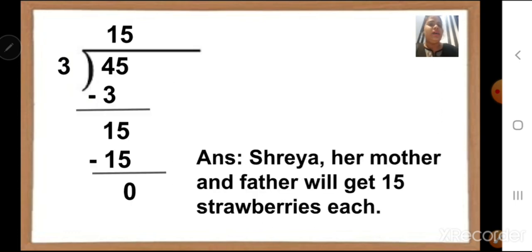After that we will divide, correct? After dividing 45 divided by 3 we will get 15. So we will write the answer. Shreya, her mother and father will get 15 strawberries each. Note down, children, in your notebook.